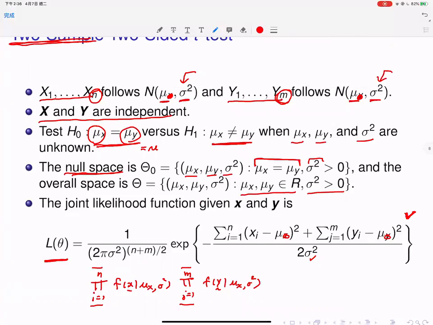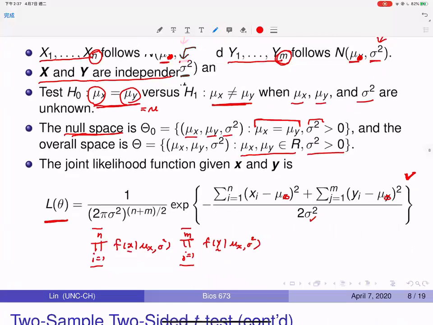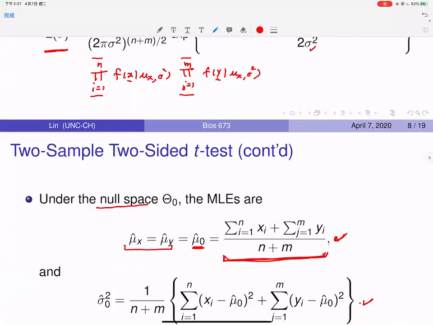That means X1 to Xn and Y1 to Ym all belong to the same normal distribution. That means the same collection of random variables, so your sample size becomes n plus m. Then no wonder this is the total summation divided by the sample size.